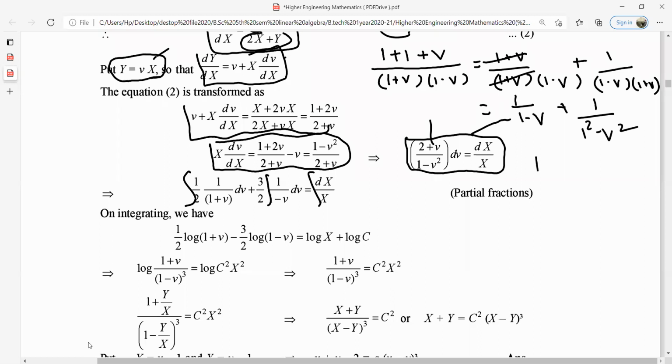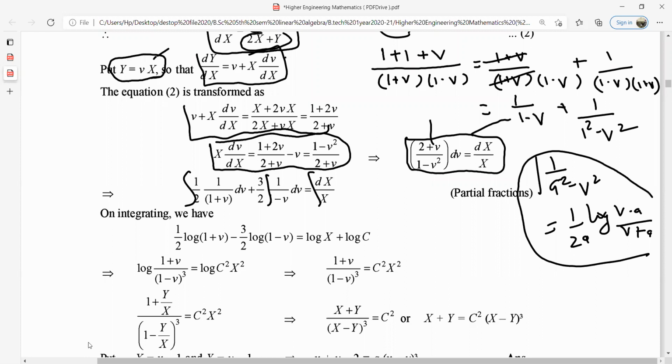So the integral of 1 upon a square minus v square equals 1 by 2a log of v minus a upon v plus a. So we have to use this formula in this part, and here we directly integrate.